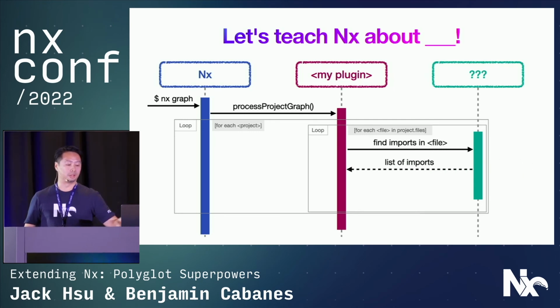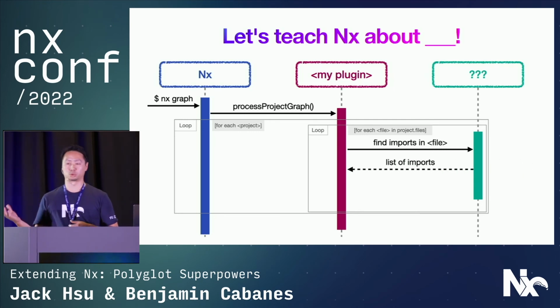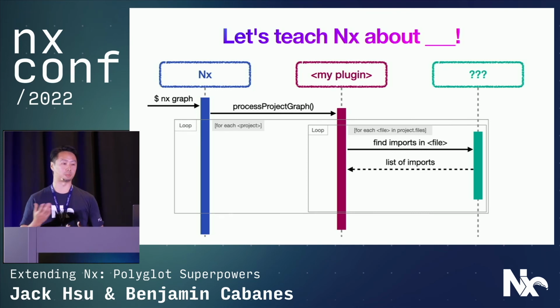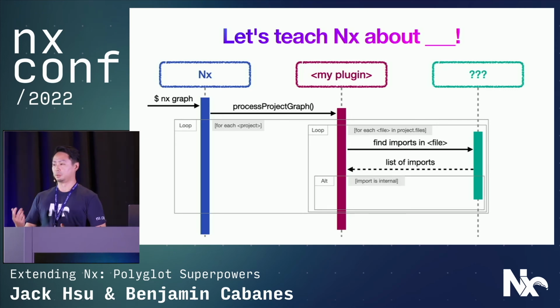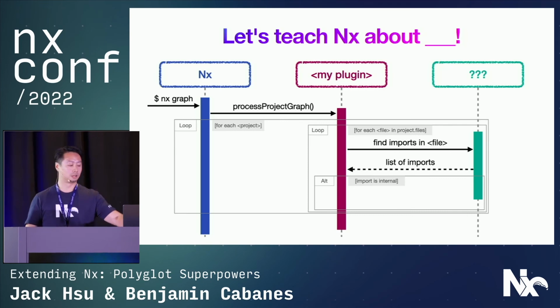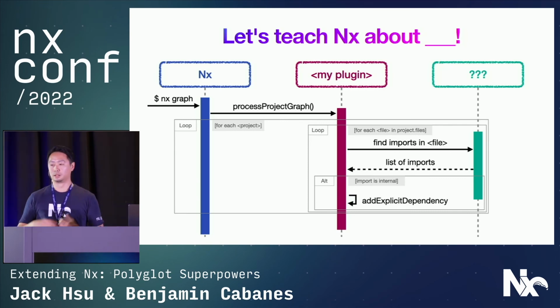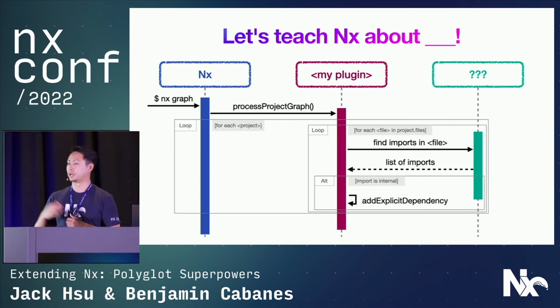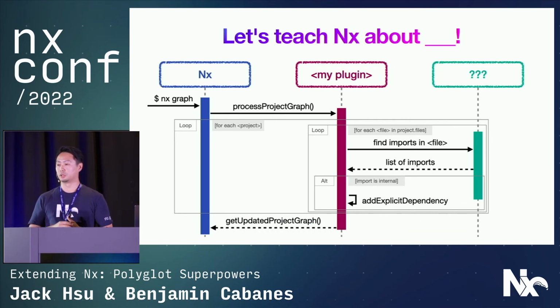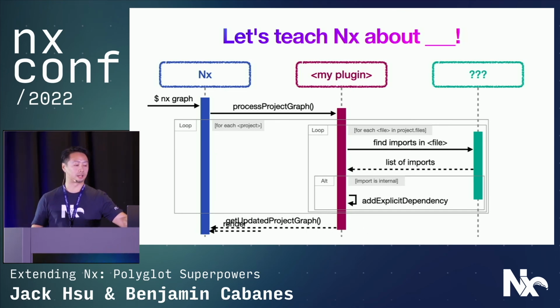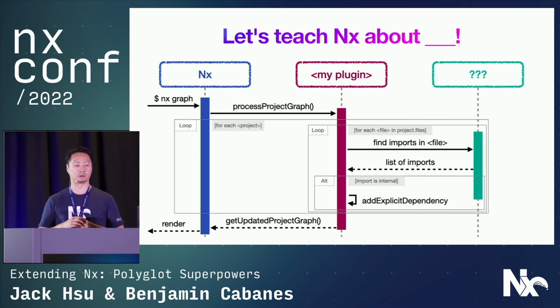Normally what you would do is pass your source file into some kind of AST parser, and then you can detect your imports that way. Then the check is going to be the same. Is this import internal or external? Once you have that, you call the add explicit dependency again from the builder. Then you're done. You return the updated project graph to NX, and NX will render it just as normal.